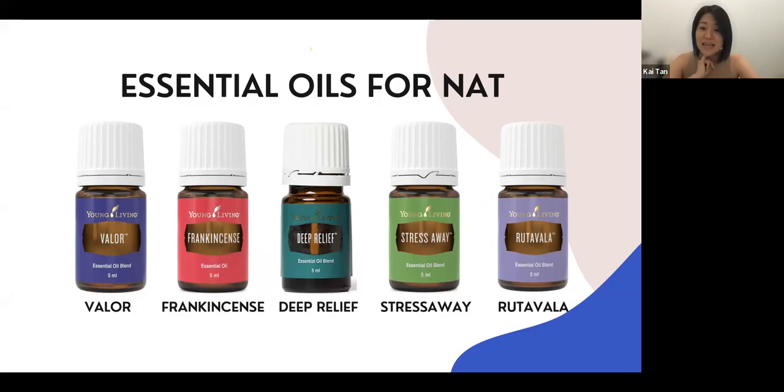The third, fourth, and fifth are all blends. The third one is called Deep Relief. As its name suggests, the oils in there really help soothe the muscle. I do want to highlight in particular one ingredient in there called copaiba. Standalone, you can actually get that oil. It is known in the plant world as the one plant that has the highest anti-inflammatory property.